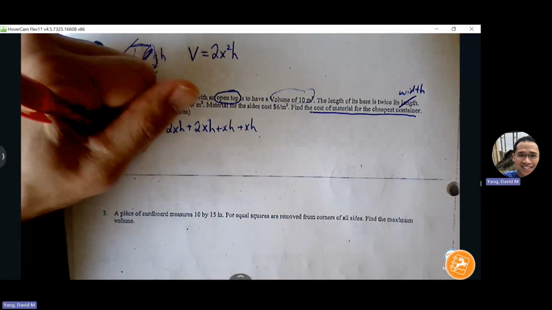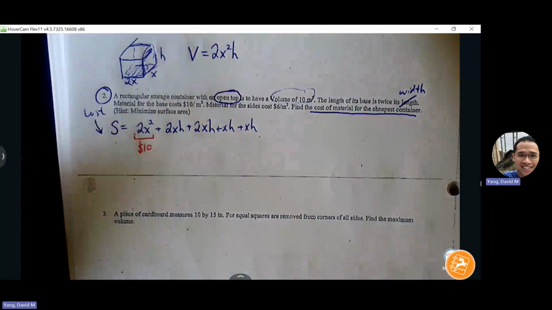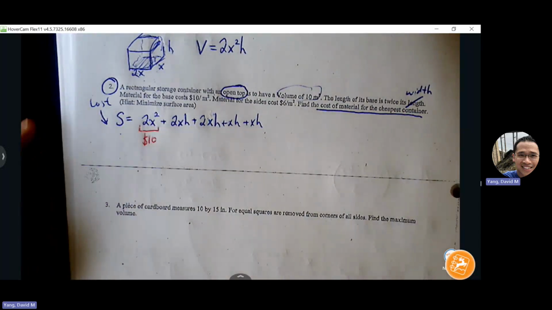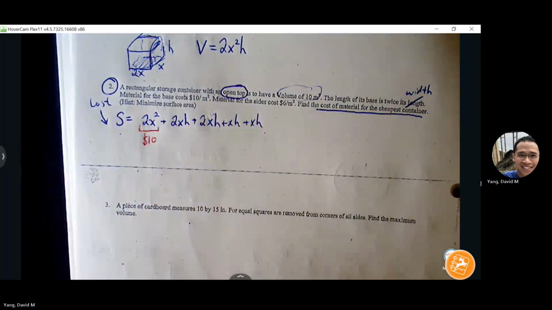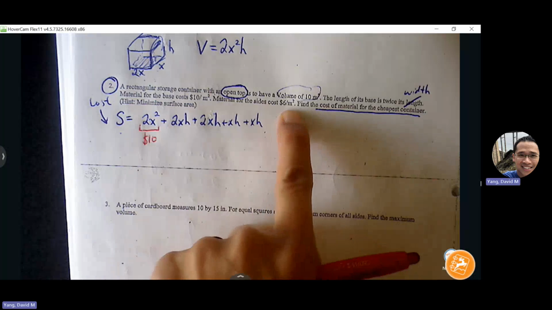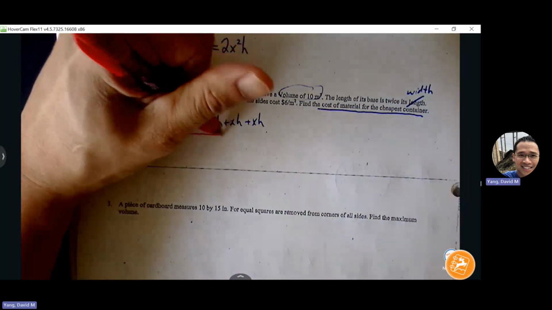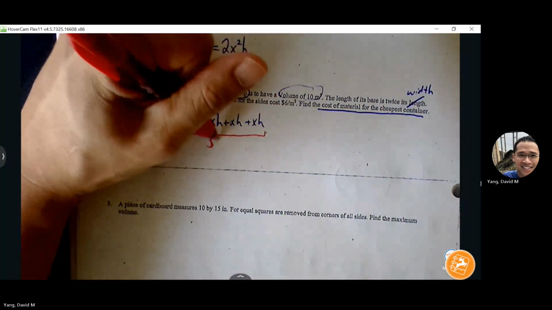So we have to make sure we multiply $10 with that amount of material that we're going to be using. Material for the sides costs $6 per square meter. You have to do what? Multiply this whole thing by 6.